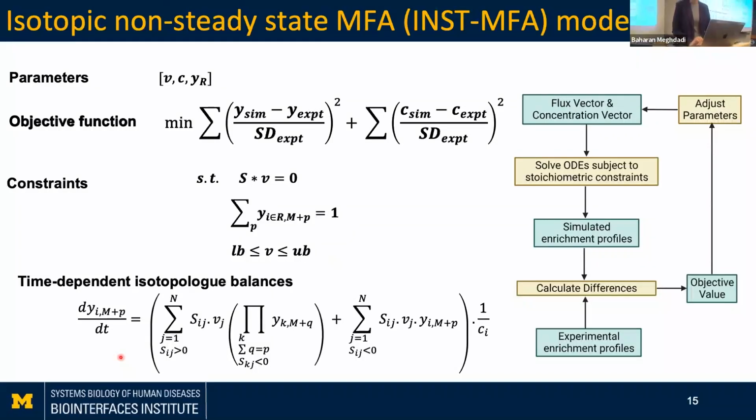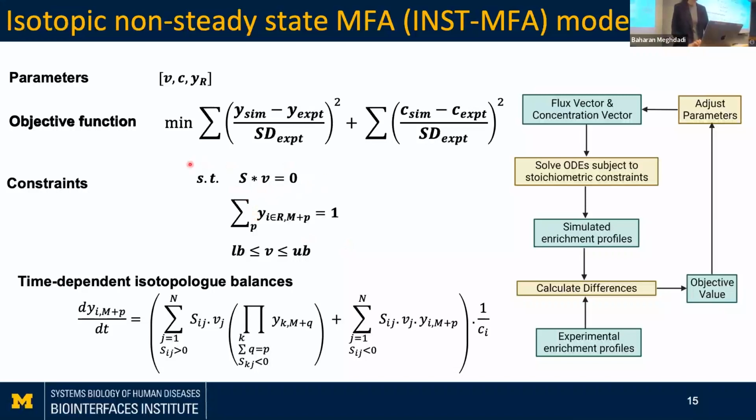And so to estimate the flux of reactions, concentration of metabolites, and the MIDs of input metabolites, we solved an optimization problem. We already have the MIDs from the experiments, that's the enrichment patterns we have, and we also have the concentrations of metabolites. So we want to minimize our error to be close to our experimental values. And we have some constraints because we have a metabolic model and those reactions are connected together.